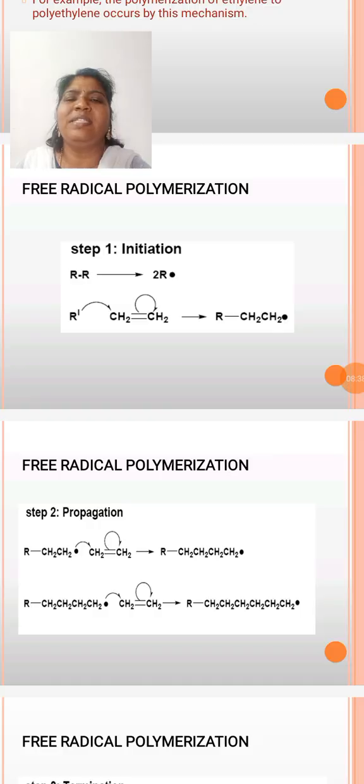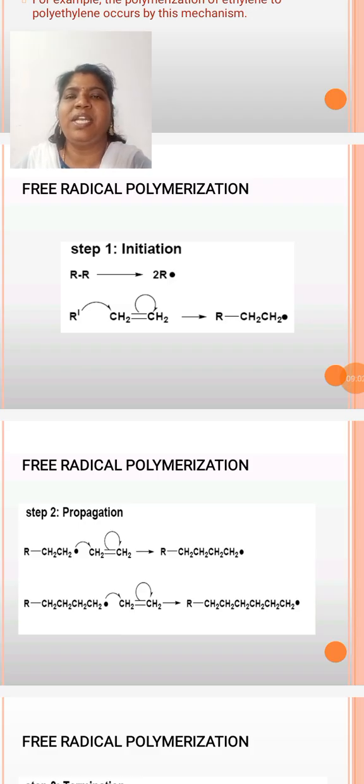The R-R could be anything, for example a peroxide group, it may be CH3COO-OCOCH3, some peroxide group or something which can split into 2 and produce a free radical; that you call an initiator. In the presence of heat and pressure, you will be getting the initiator.